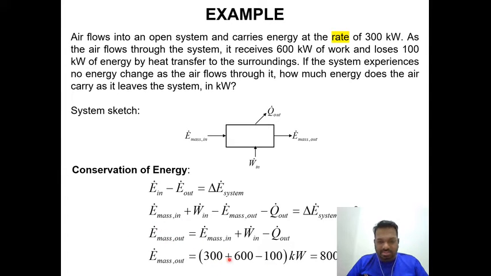So you just replace: 300 plus 600 minus 100 kilowatt. The rate is in kilowatt, so you get the answer of 800 kilowatt. The main important thing is how you formulate the equation.